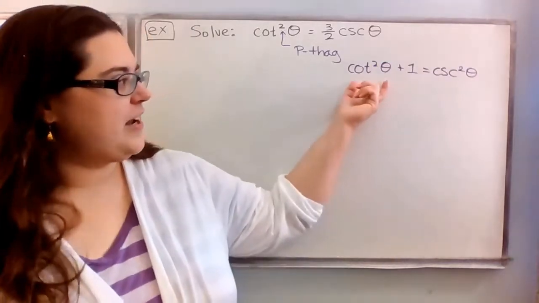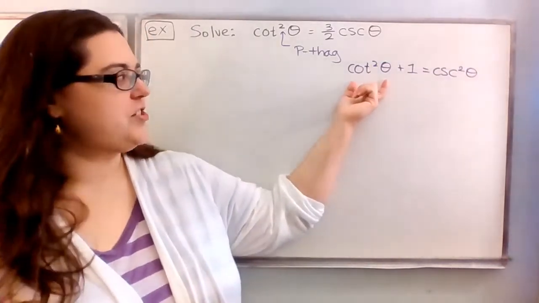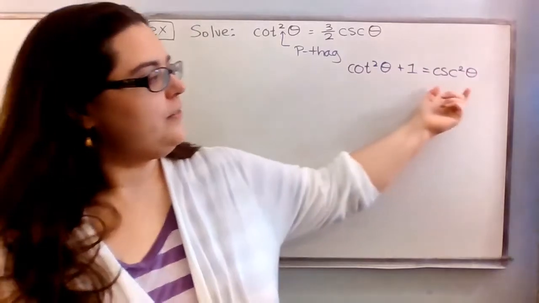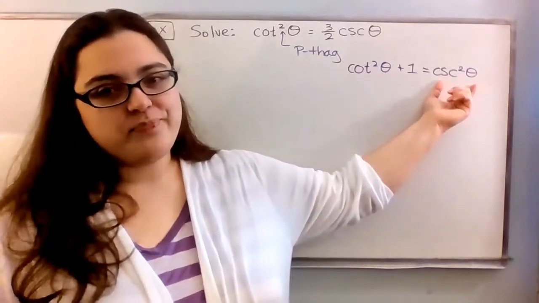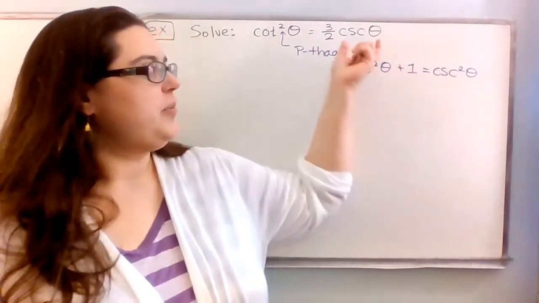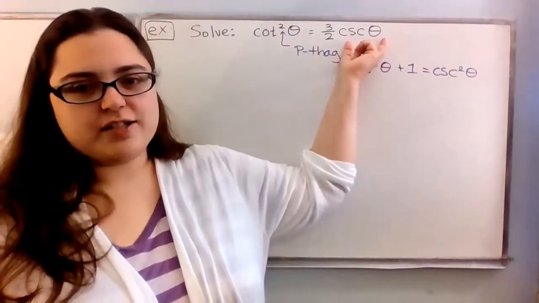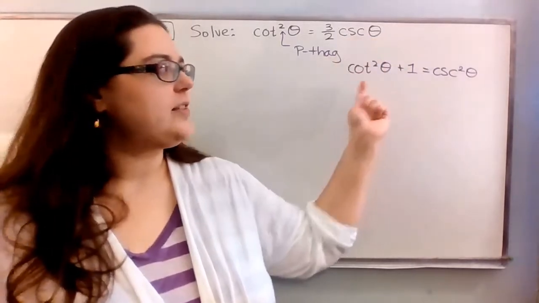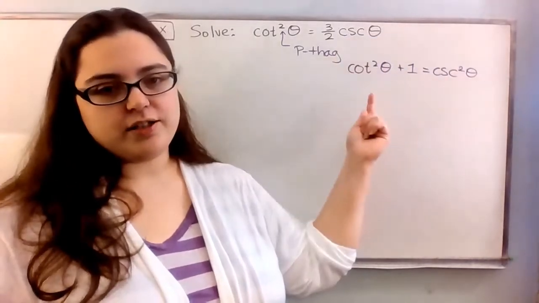This identity involves cotangent squared and cosecant squared, which is good news for us because the other trig function involved here is cosecant. So this is a good identity for us to use.